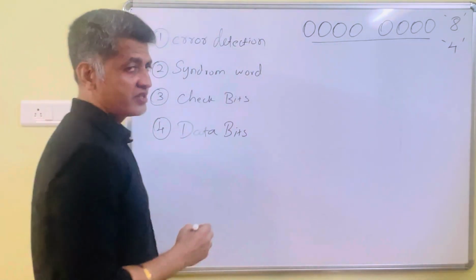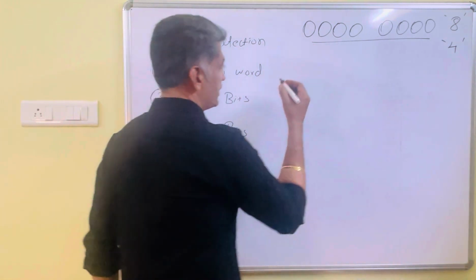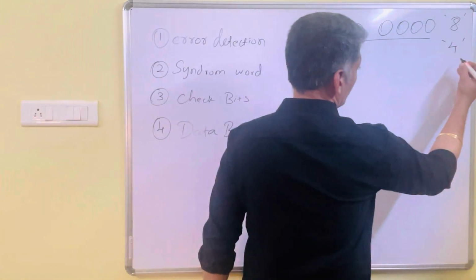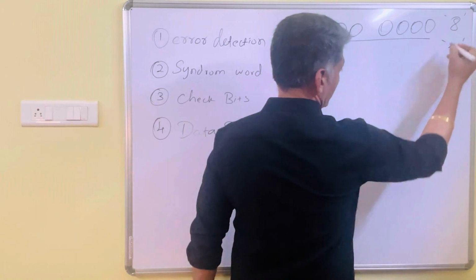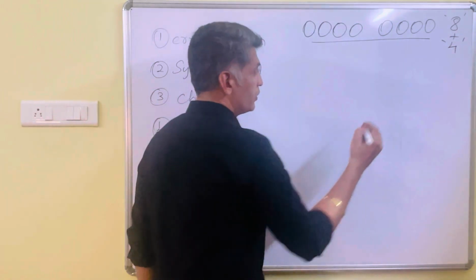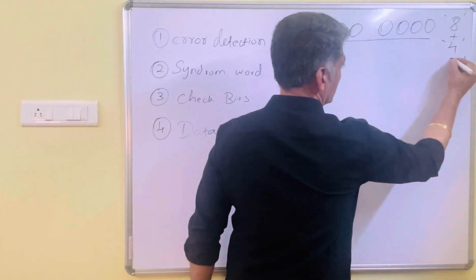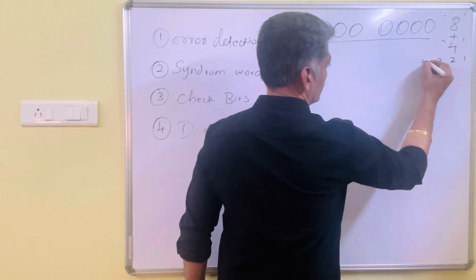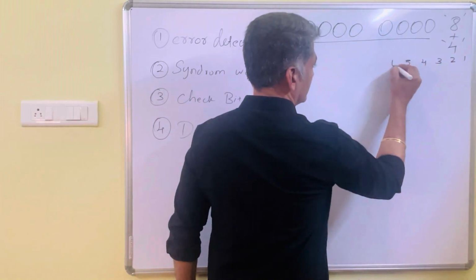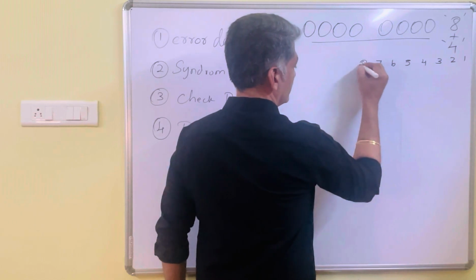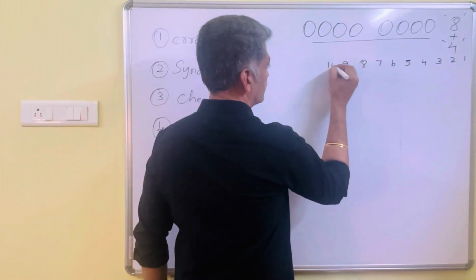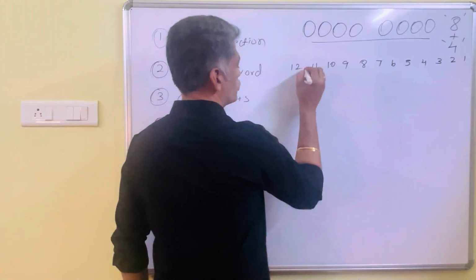And I mentioned how to go for 12-bit positions, because 8 plus 4 gives 12. So here: 1, 2, 3, 4, 5, 6, 7, 8, 9, 10, 11 and 12.